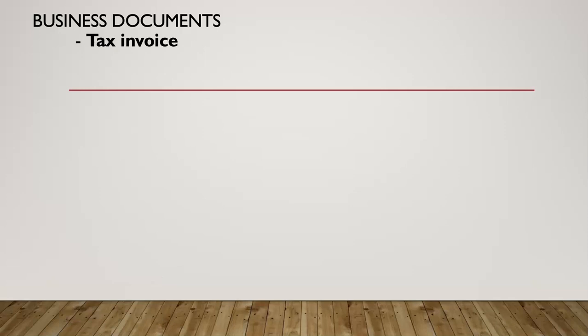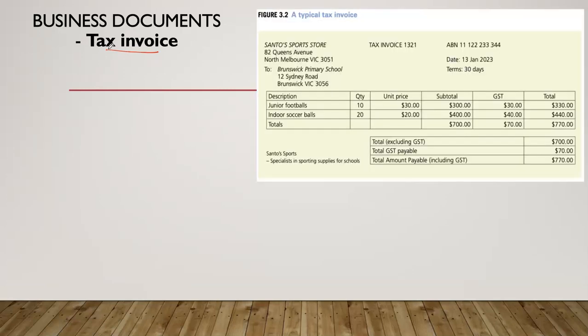And you might have even heard this term, tax invoice. Not to be confused with an invoice because it's a credit transaction. It's a tax invoice like this because all business documents, if they relate to GST, will also be called a tax invoice because they include GST in their information.